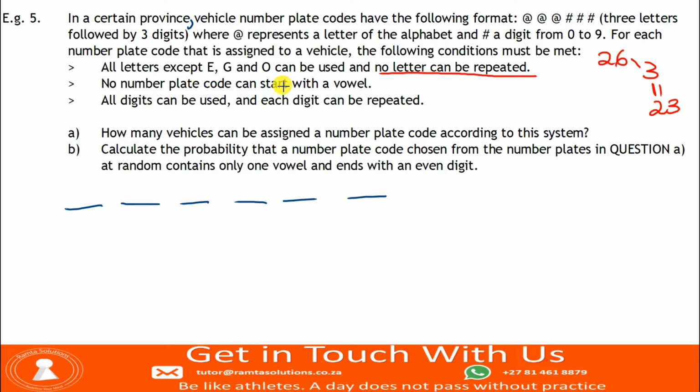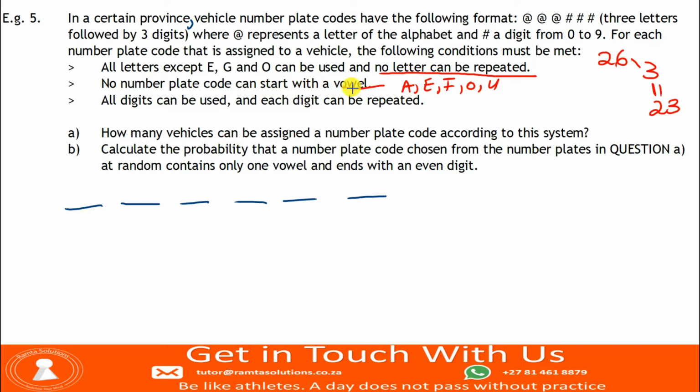And then no number plate code can start with a vowel. When we talk of vowels, we're talking of A, E, I, O, U. Okay? So we're talking of these. As you can see, this includes E and O. So how many letters do we have for the first place?